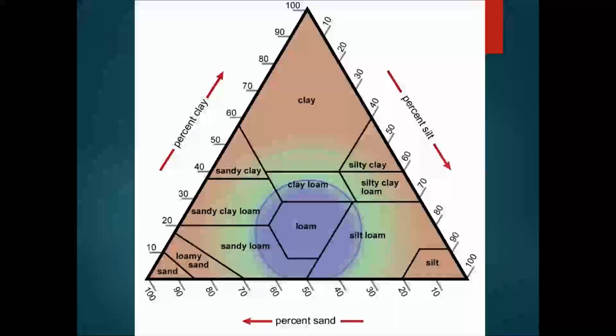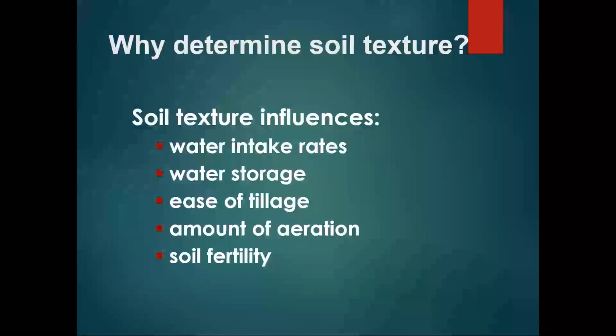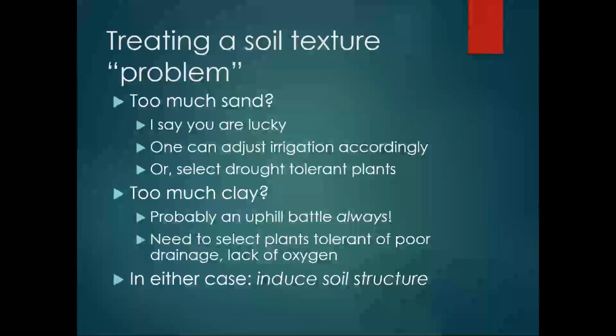So I will always measure soil texture first on a sample, because I'm going to know right from that texture what the range of things like water infiltration, water storage, ease of tillage, the amount of aeration, the native soil fertility, and those kinds of things are going to be with that material. That's why texture is so important. Now, what if I find myself in one of these extremes?